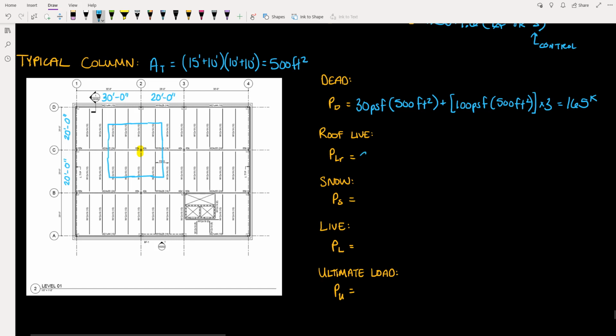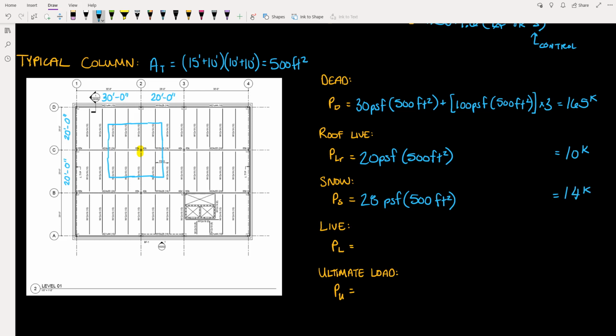Next, for roof live, we have 20 pounds per square foot times 500 square feet. Of course, there is no roof live on the floor levels, so this gives us 10 kips. Snow load, 28 pounds per square foot times 500 square feet equals 14 kips. So the snow load, again, is going to control over the roof live.